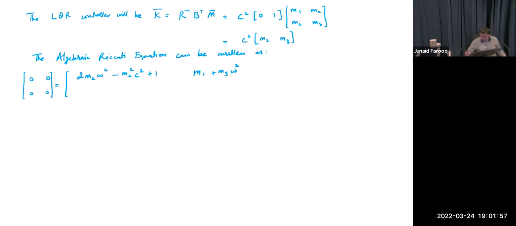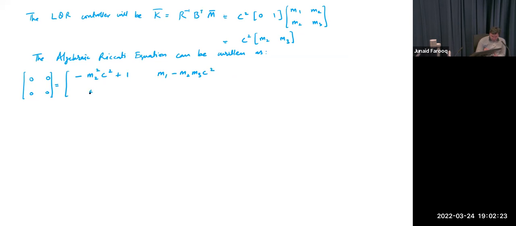So let's rewrite this. There is no omega in this problem, but I was just trying to reuse the previous computations. So in this problem, we will get minus m2 squared c squared plus 1, and then m1 minus m2 m3 c squared.